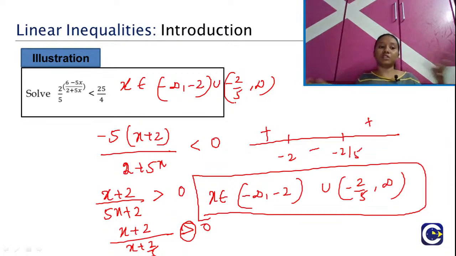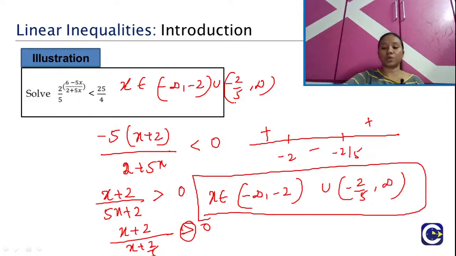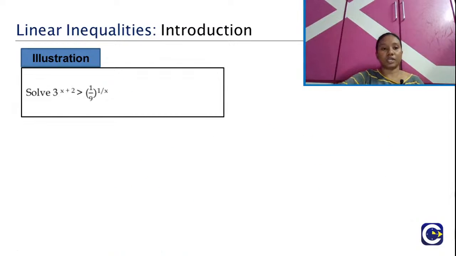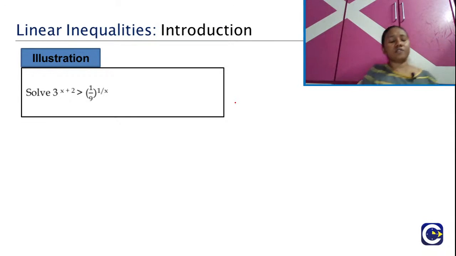So if we compare with the logarithmic, exponential inequality solving is very easy, right? So let's just do one more question related to exponential, and then we'll jump into our final inequality, that is trigonometric inequality. So here comes the next question, guys. Can you guys at least start solving this one quickly?